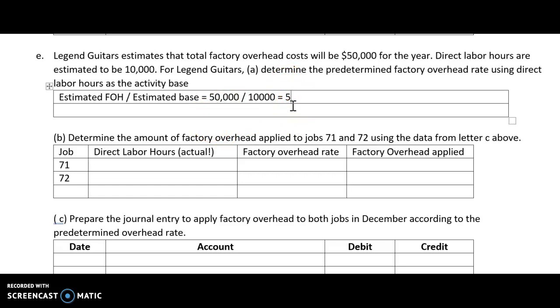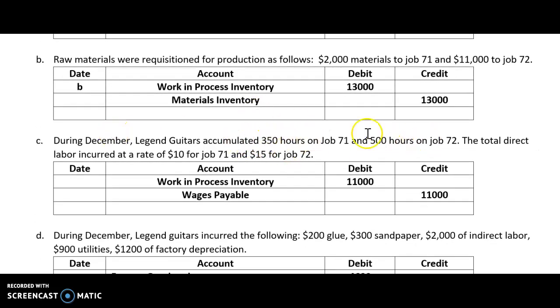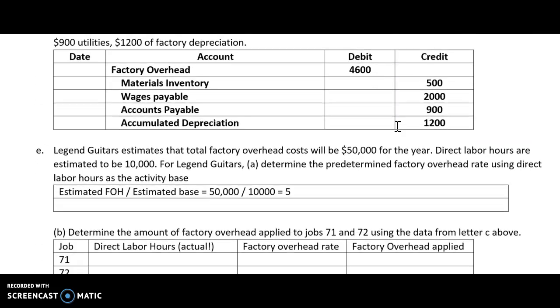So how do we apply that? What we do is take actual direct labor, whatever our base is, times our rate. So here, actual direct labor hours, because that is our activity base, and we're going to take that and multiply it by our rate. So let's see how this works. For job 71, there are 350 hours for job 71 and 500 hours for job 72.